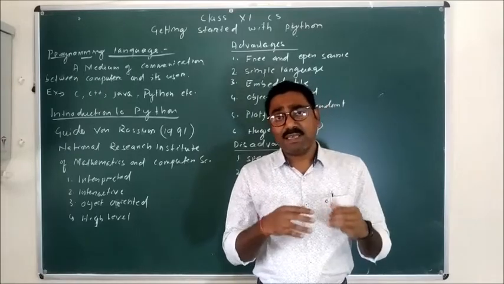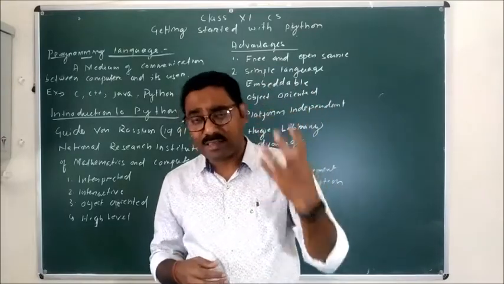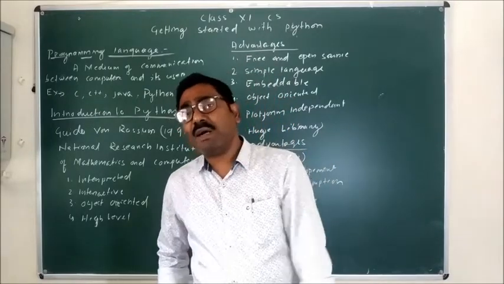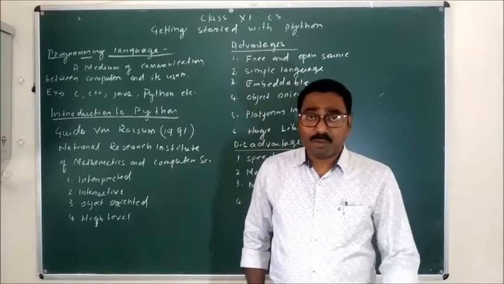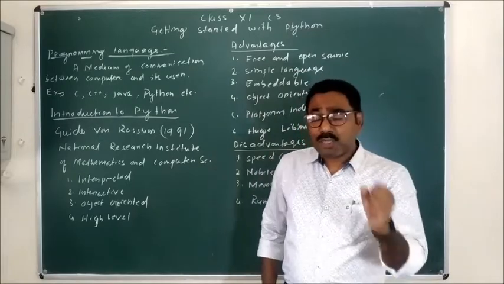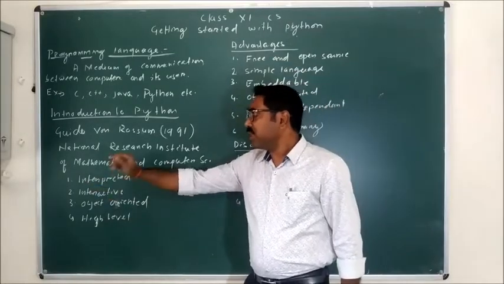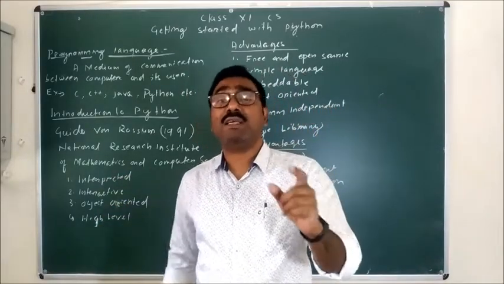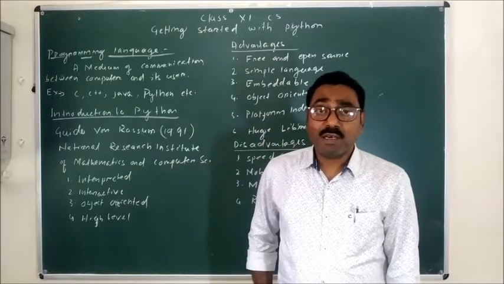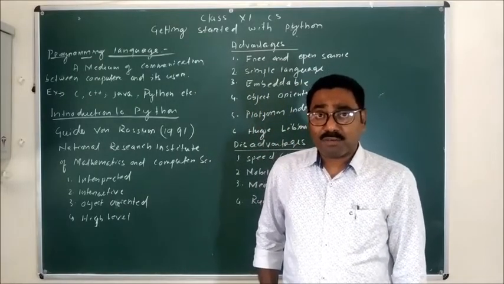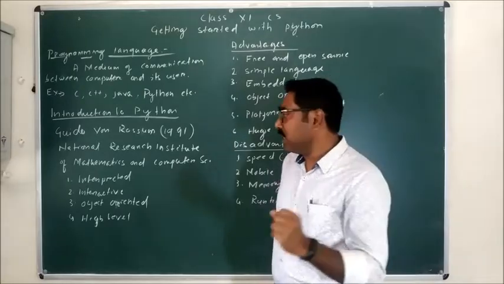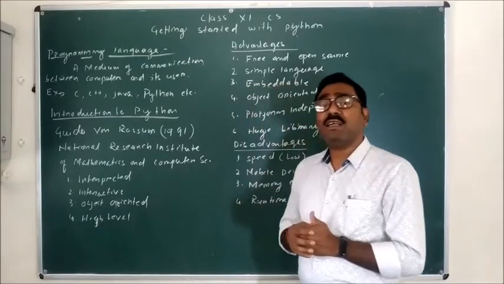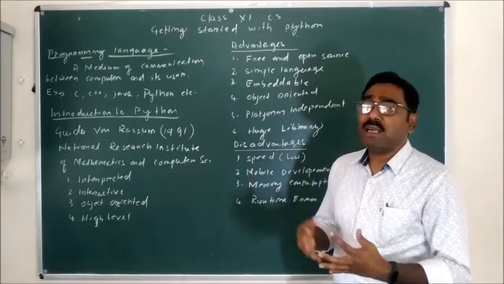The difference is that the interpreter will translate the program instruction by instruction, whereas the compiler translates the whole program at once. So Python is an interpreted programming language. That means it uses an interpreter for translation of the programming language into machine code. After writing, each instruction is separately converted into machine language and executed.